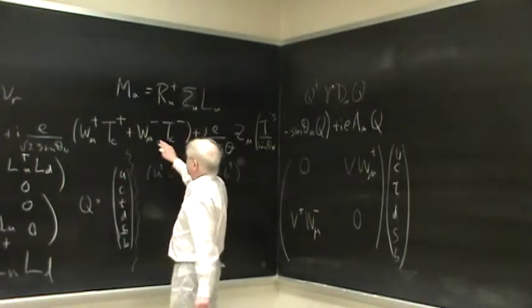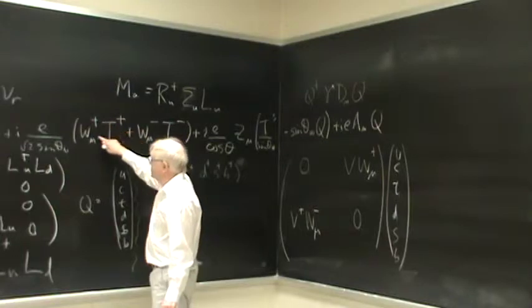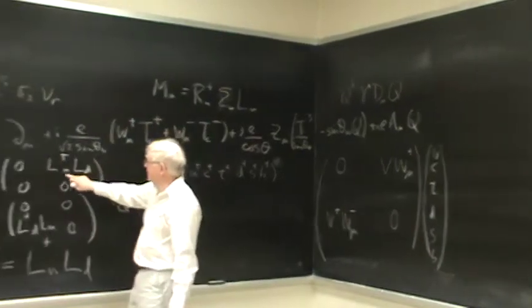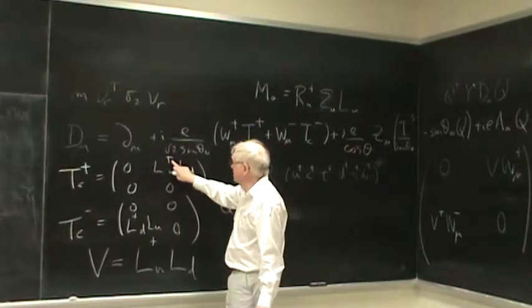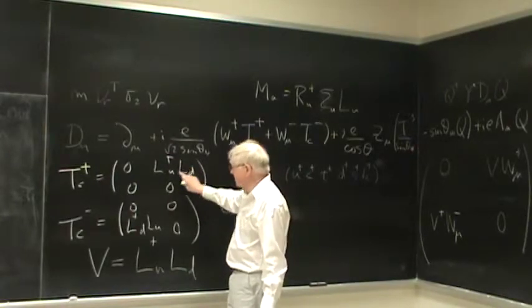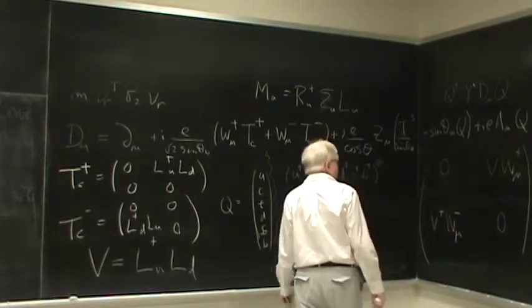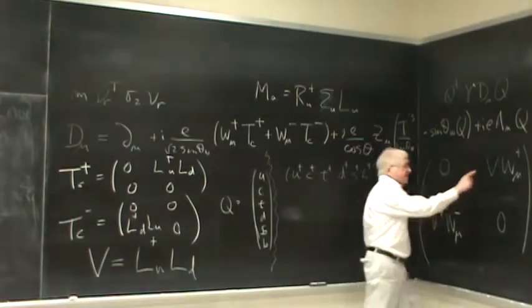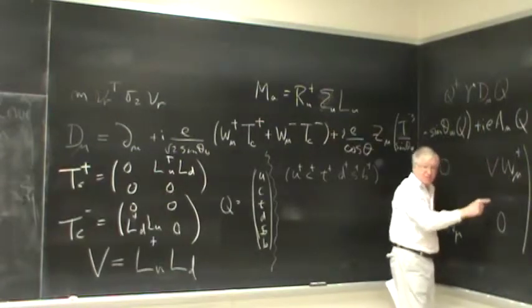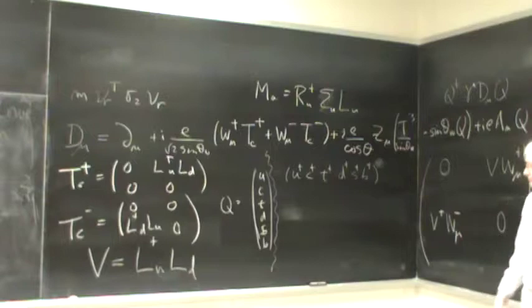In other words, if we look at this term here, it means W mu times this, so it's an L U dagger L D. Well, that's just V. So there's a V here and a V dagger there. This is 3 by 3. This is the gauge boson. 3 by 3. So this is a 6 by 6 matrix.